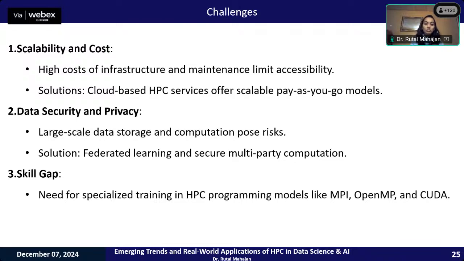But for that, we require specialized training in HPC programming models, just a few like MPI, OpenMP, CUDA. I think you have all gone through that in great detail from the very nice speakers like Dr. Vamsi Krishna and Om Chadav. They have really given nice insights on all these things. But yes, there is a skill gap which we need to fill to get onto HPC applications.